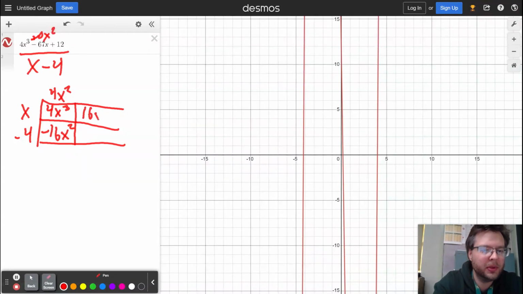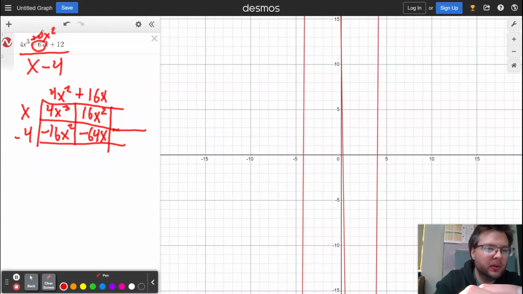So that would be a positive 16x squared, because -16 and +16 add to make 0. Insides add, outsides multiply. X times 16x makes 16x squared. 16x times -4 makes -64x.